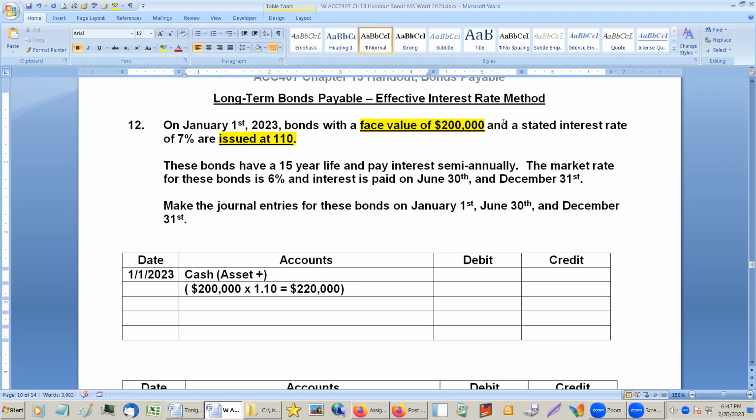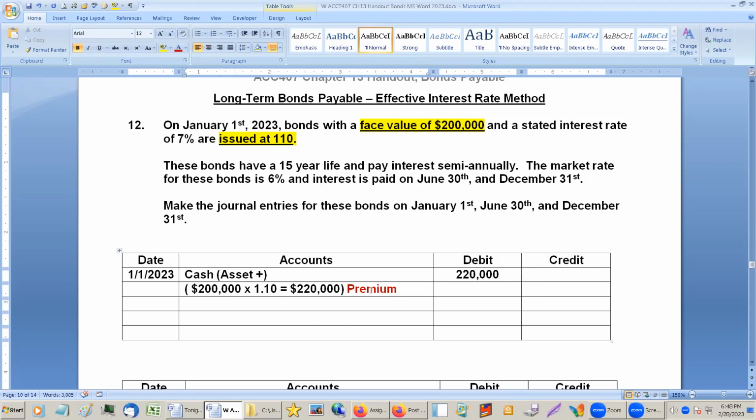And premium or discount? It's a premium. So our cash will be 220,000.